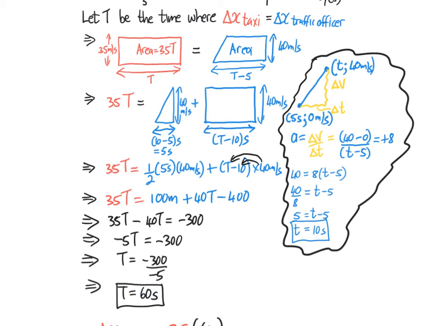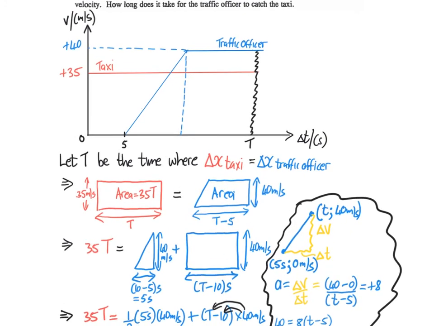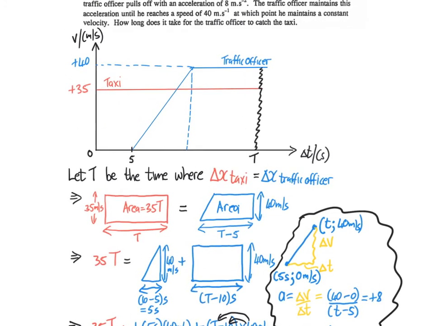So it took 60 seconds from the time that the taxi went past the policeman. Now, we must be careful. From the time that the taxi passed the policeman, it took 60 seconds. But that means that the policeman was in his vehicle for 55 seconds.